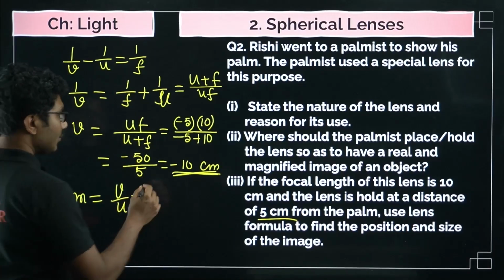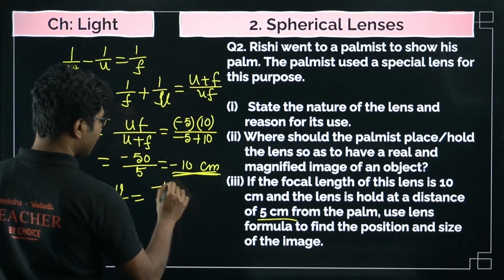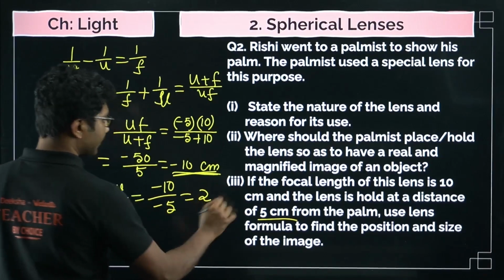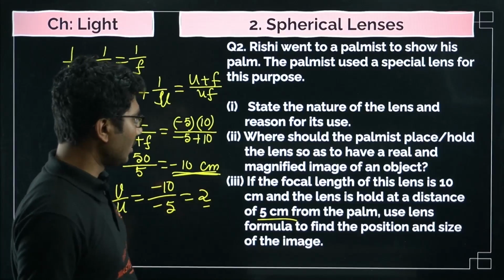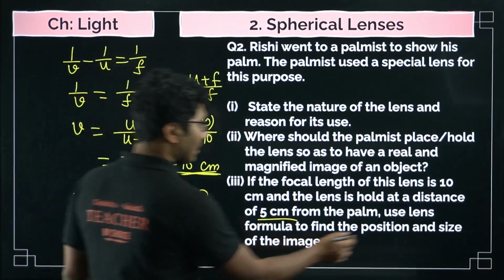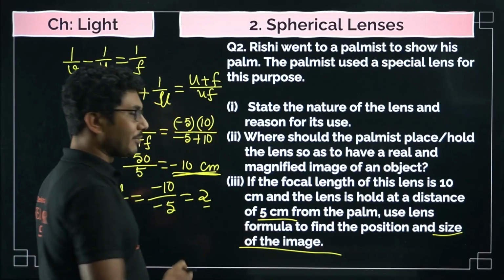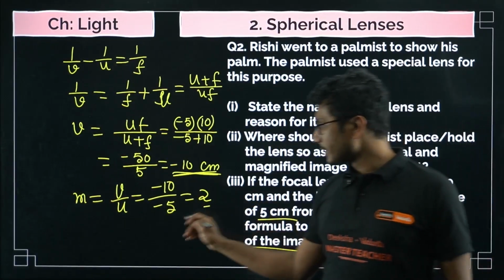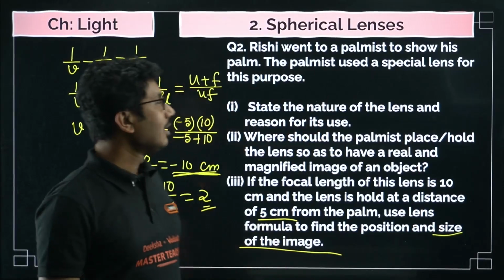Okay, for lens, so v is minus 10, u is minus 5, so magnification is twice. Okay, so position and size we have calculated. Now if they ask you about size and nothing else is given, then basically you have to find the magnification. Okay, so that is the catch.